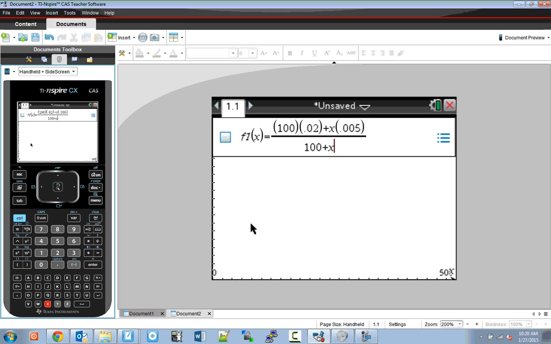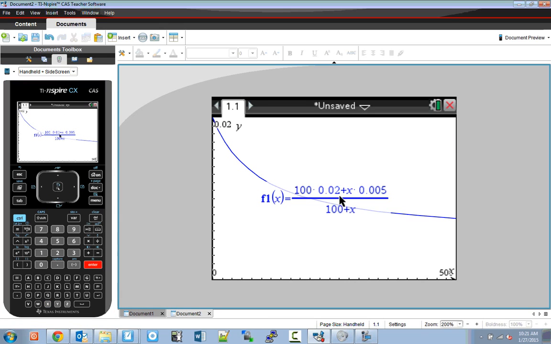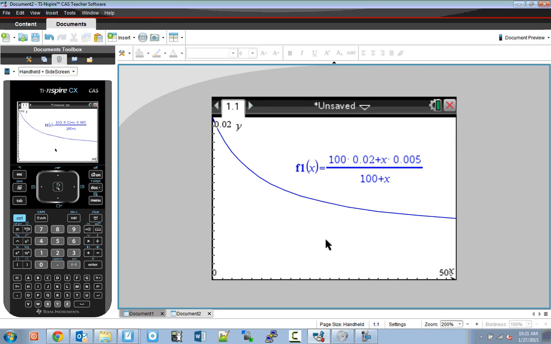That's what you're going to type in for your y1. All right, so there's your first function.